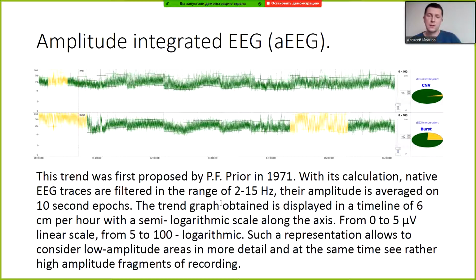And then the resulting trend graph is displayed at a speed of 6 cm per hour with a semi-logarithmic scale along the axis. From 0 to 5 microvolts it is a linear scale, and from 5 up to 100 microvolts it is a logarithmic scale. This type of scale helps us to see both low amplitude and high amplitude EEG traces on one trend.